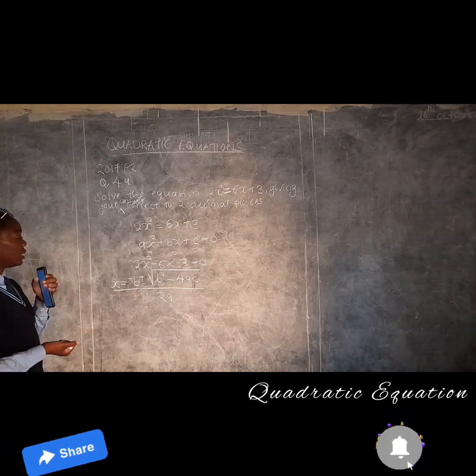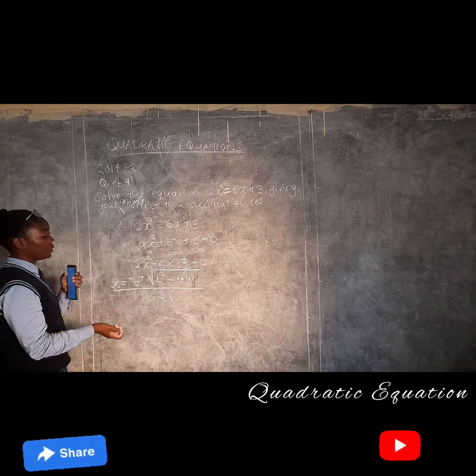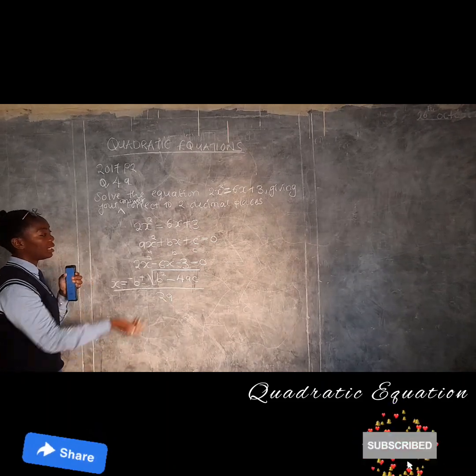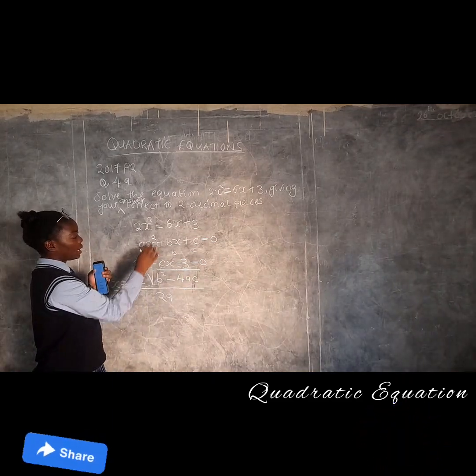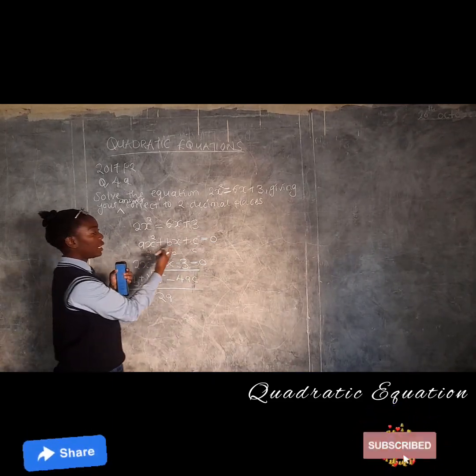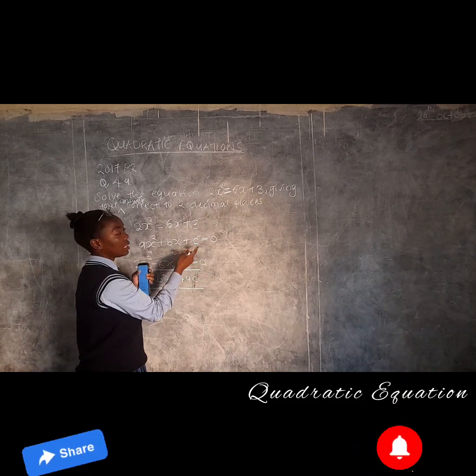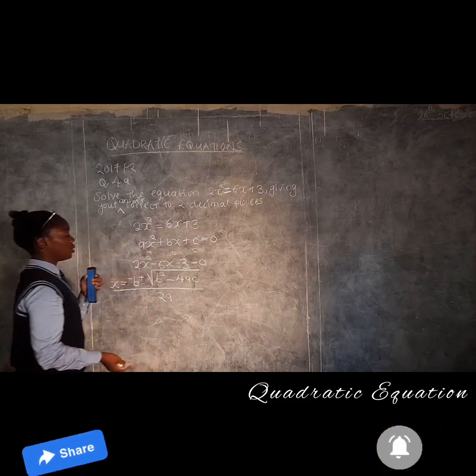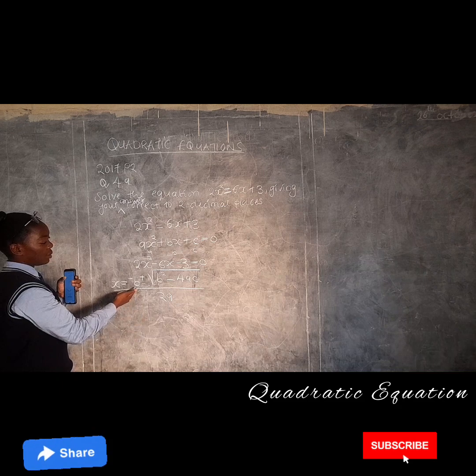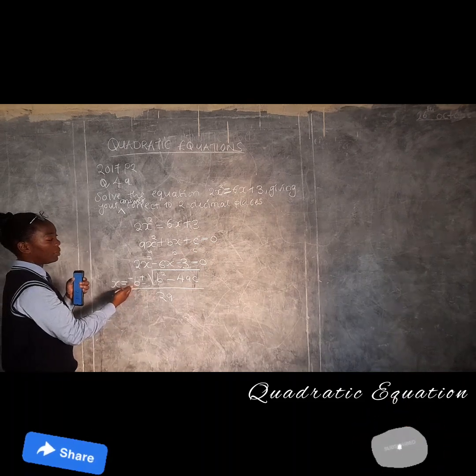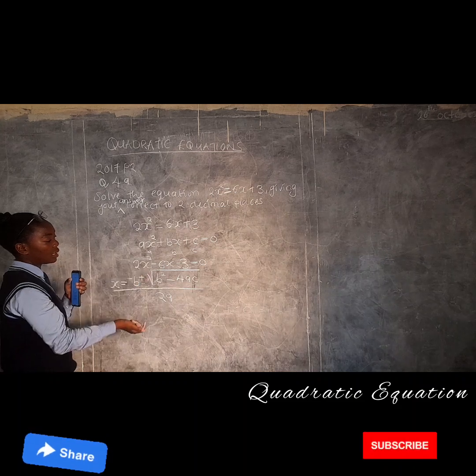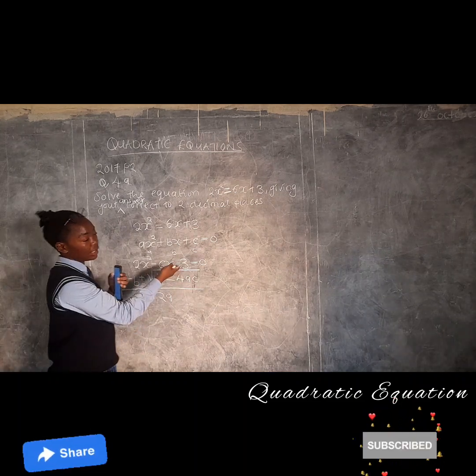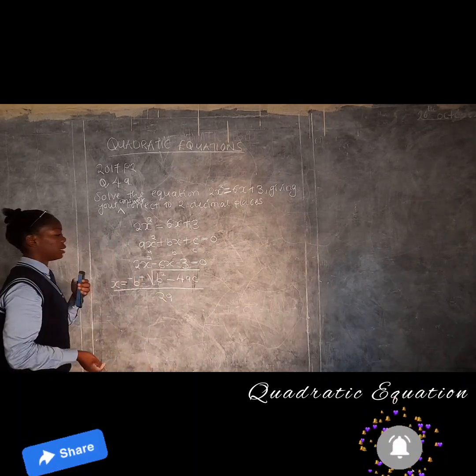Moving on, as we're going to substitute, remember on the formula, I said ax squared is representing a, bx is representing b, and c is representing c. So in this case, our b is 6, our a is 2, and our c is negative 3. So we're going to substitute.